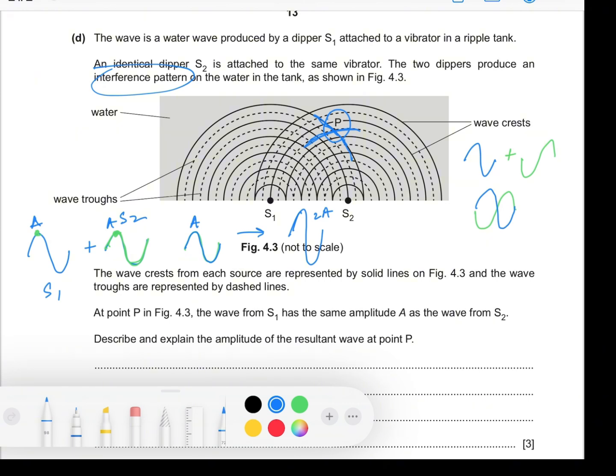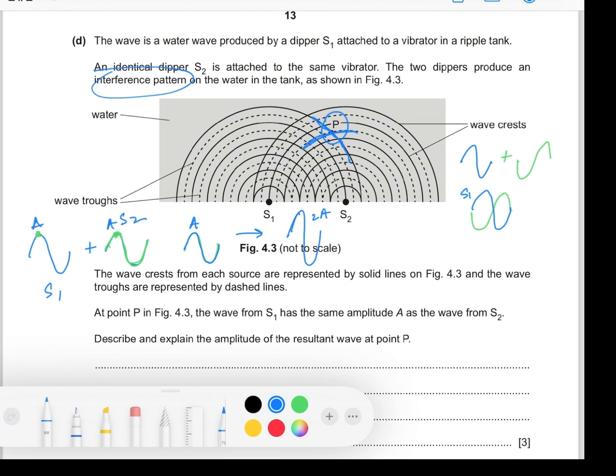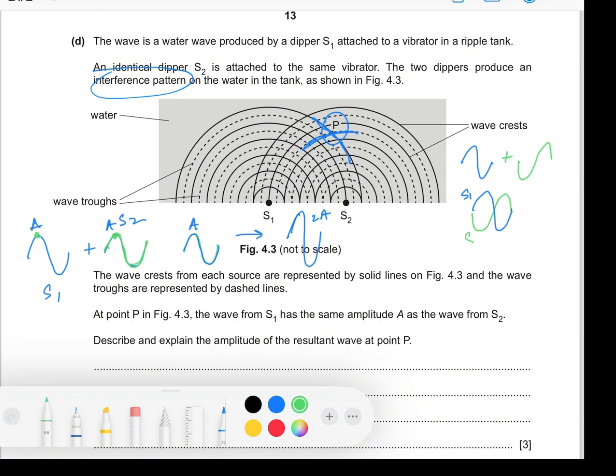Now as you can see, if this was the wave from S1 and this was the wave from S2, the amplitudes will have a negative sign. If we denote the first one with positive and the second one with negative, since the amplitudes are equal in magnitude, they would cancel out.